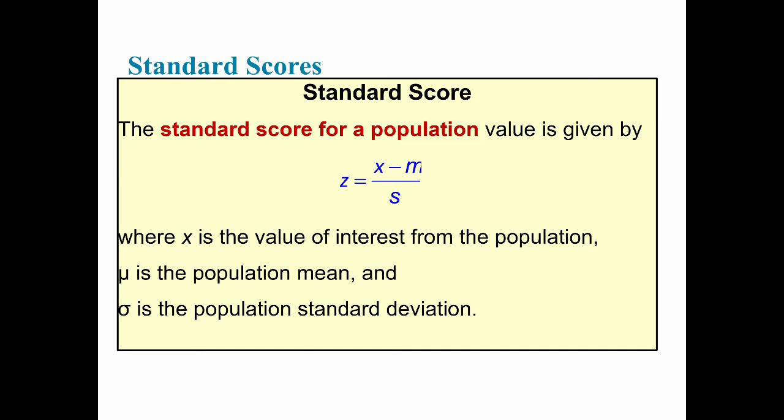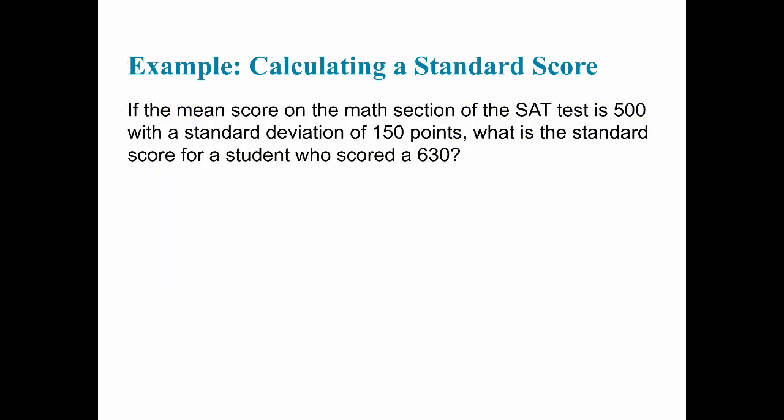So in this case, if we look at one example, let's say the mean score on a math section of the SAT is a 500 with a standard deviation of 150 points. What would that standard score be for a student if they scored a 630? So to calculate this, we're given a mean value of 500 and a standard deviation of 150.